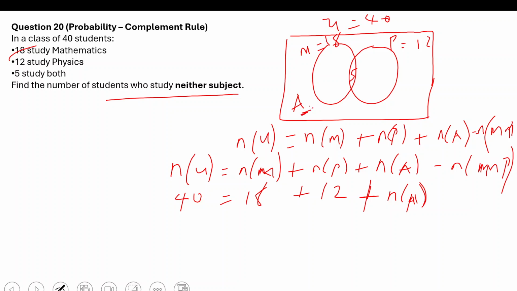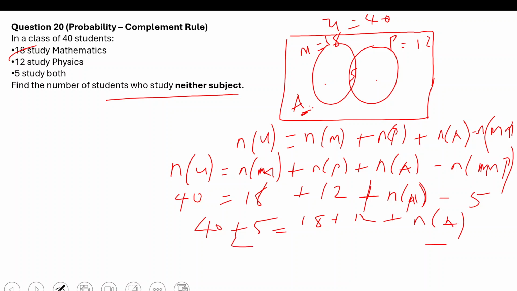See A outside here. Then minus the intersection of maths and physics, which is 5. So I'm going to add up. I have 40. Then 5 will go to the other side, plus 5 equals 18 plus 12 plus the number of A, the number that study neither.